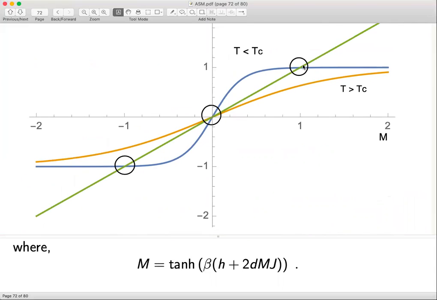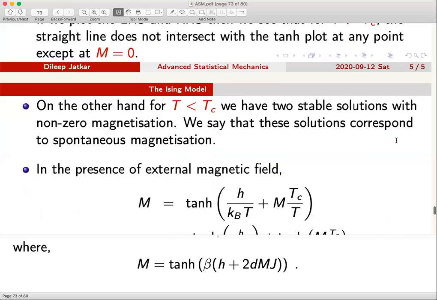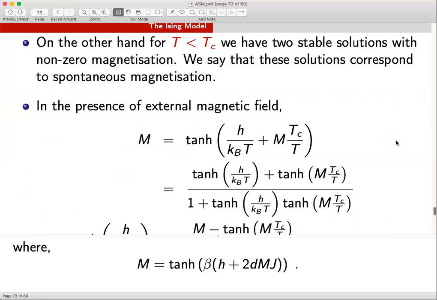But if the temperature is just marginally below Tc, then this crossing point is very close here, and therefore the effective magnetization is non-zero but small. We want to utilize this fact that it is small. So we are working in the limit T less than Tc, such that Tc minus T is a small number.